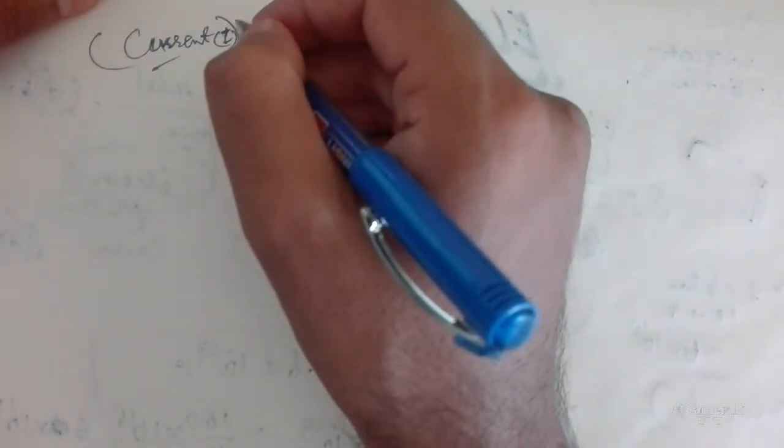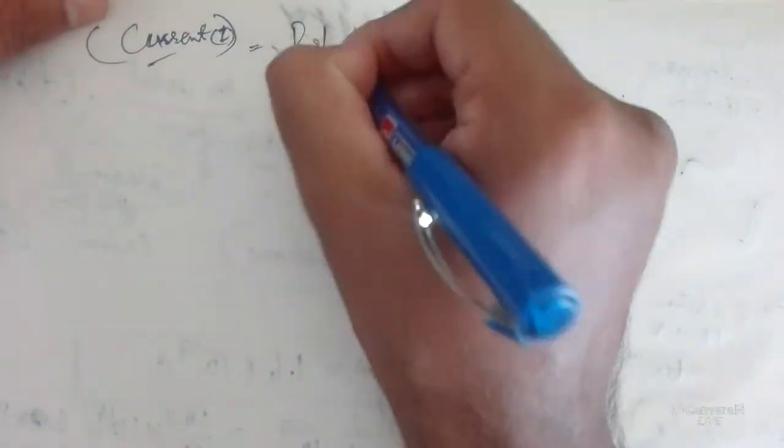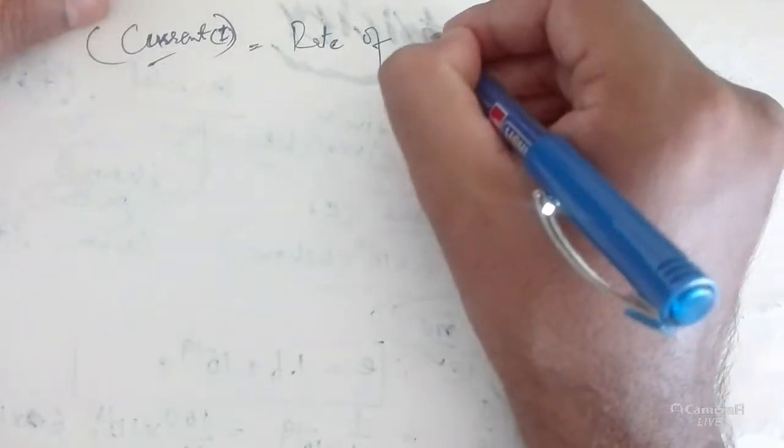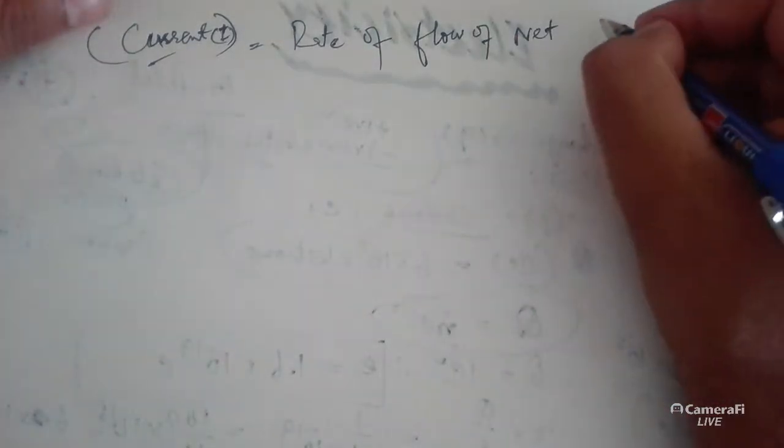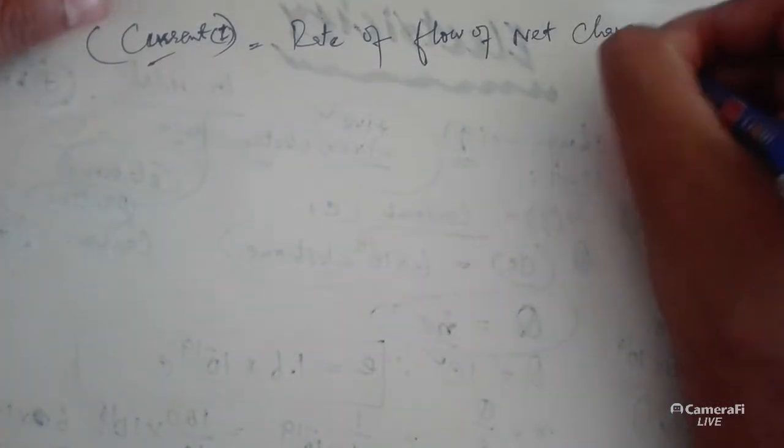Students, when we talk about current, in general ways, current is actually the rate of flow of net charge. It is called current, the rate of flow of net charge.